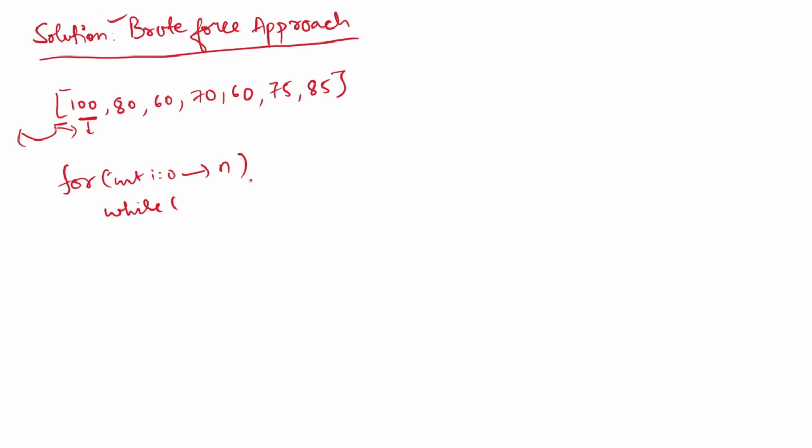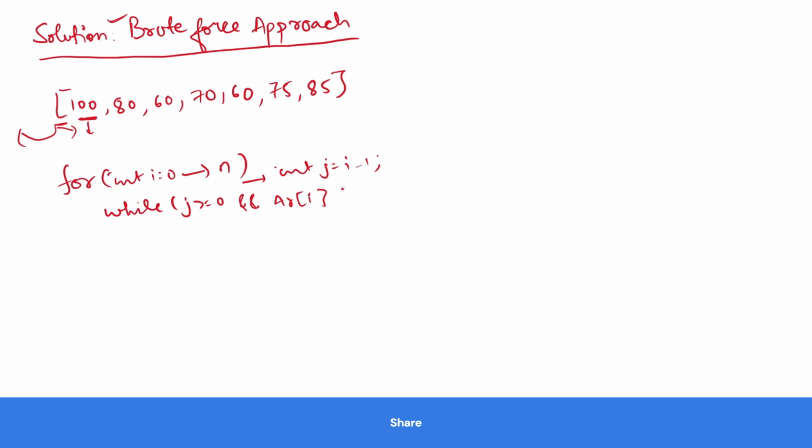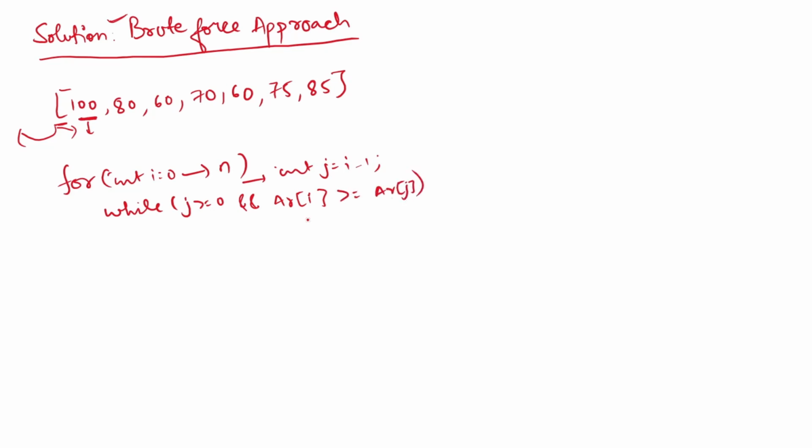So I can put int j equals i minus 1, and until j is greater than or equal to 0, I should be greater than or equal to array j. Till then I will make my answer plus plus, and my answer starts from 1 because this element is already counted.